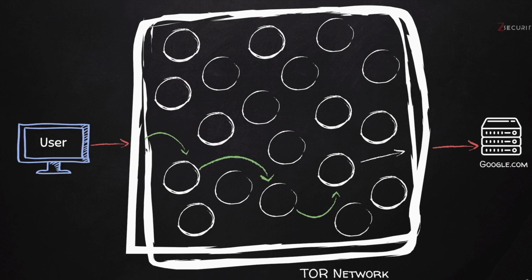So you'll connect to Tor, and let's say you want to go to google.com. What's going to happen is your request is going to bounce over 3 different servers or 3 different nodes before it goes to Google. So Google can only see the last node or the last server or the last computer that the request was sent from. It can't see you or the original user.